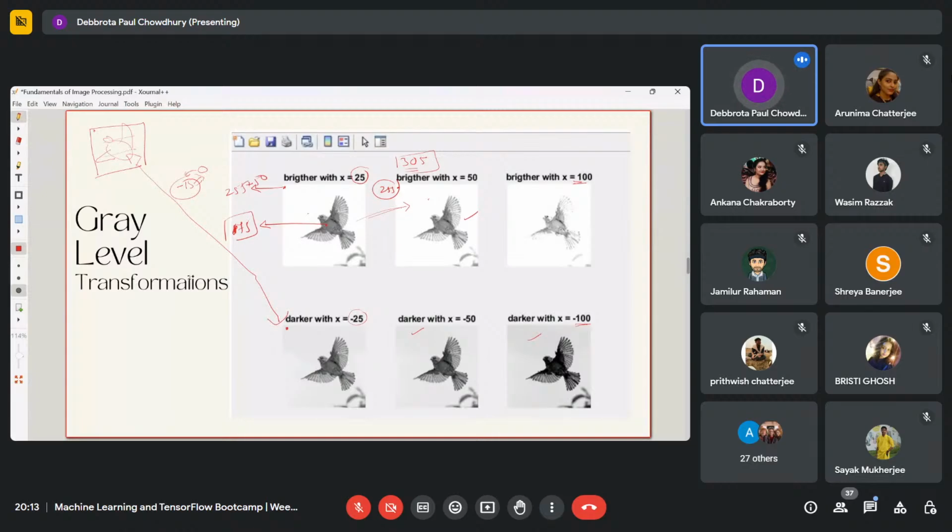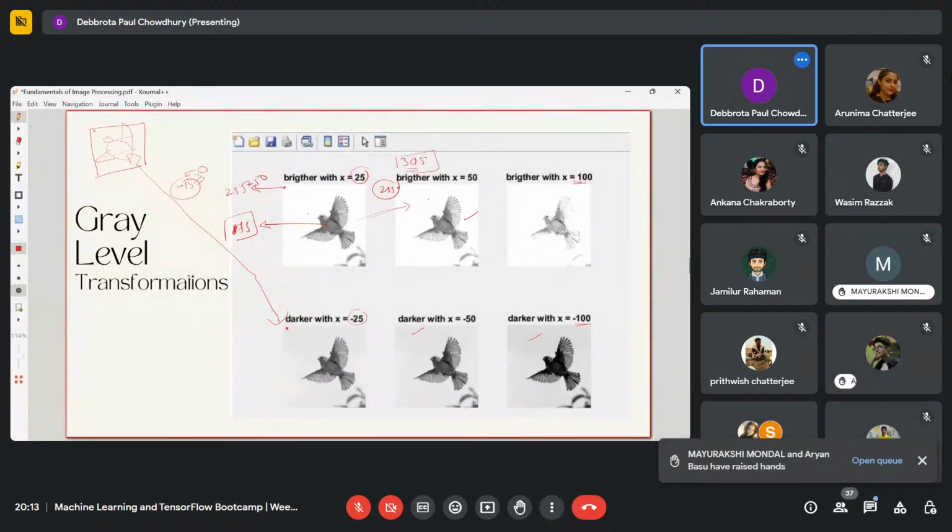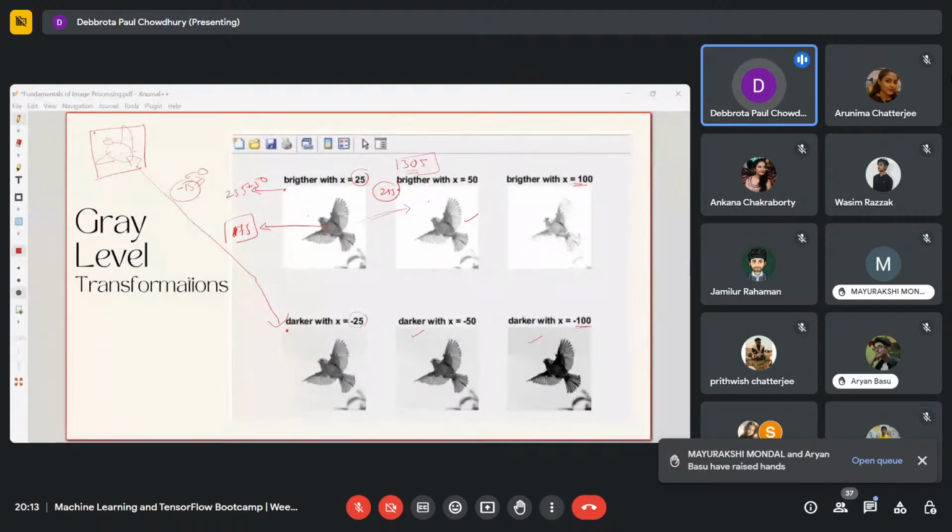What are the changes that actually happen? Have you ever tried to find out what actually happens when we increase the brightness? We know that each pixel value actually increases. So what happens?